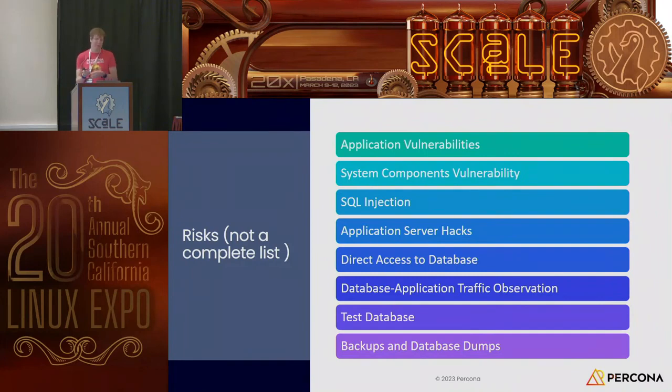Or the backups and database dumps. In certain cases those may be not encrypted, and also potentially misplaced. Your primary database server is well controlled in its environment, in a single instance or single cluster, and you can always validate how it's configured.